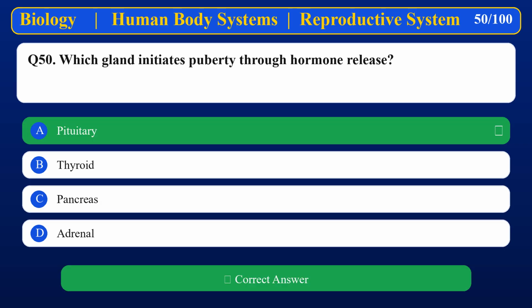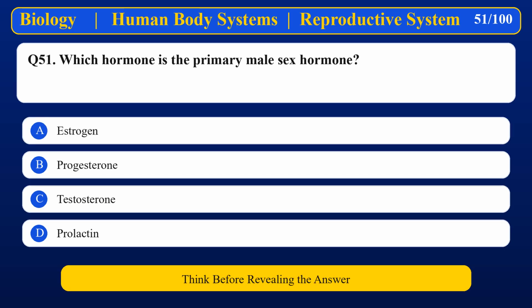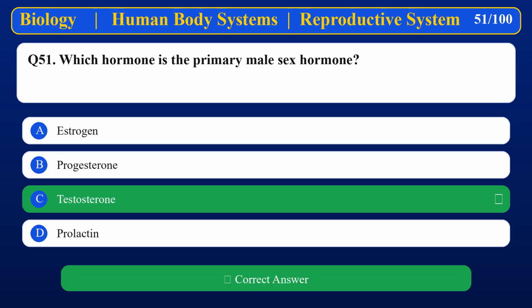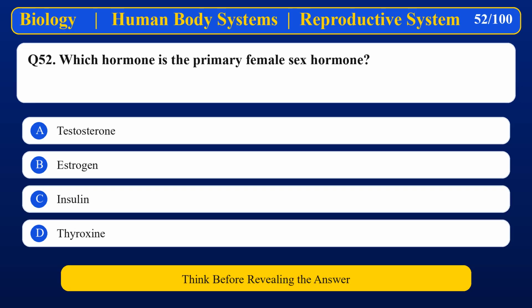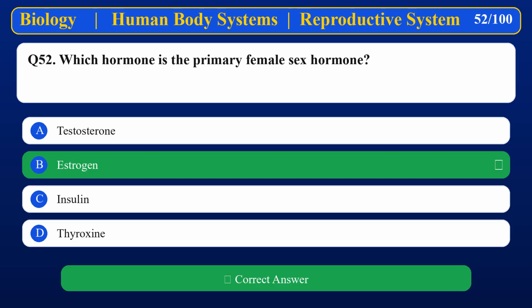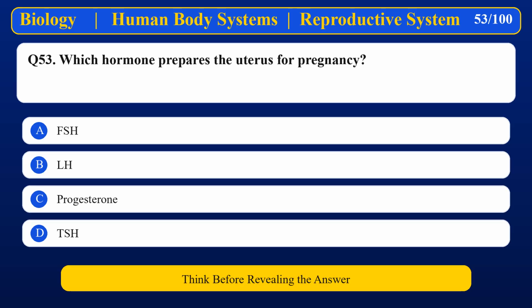Pituitary. Which hormone is the primary male sex hormone? Testosterone. Which hormone is the primary female sex hormone? Estrogen.